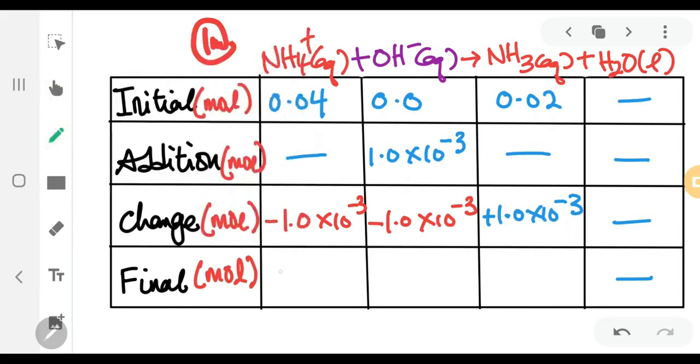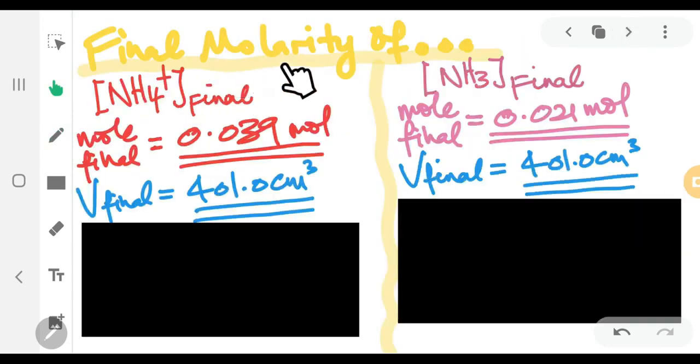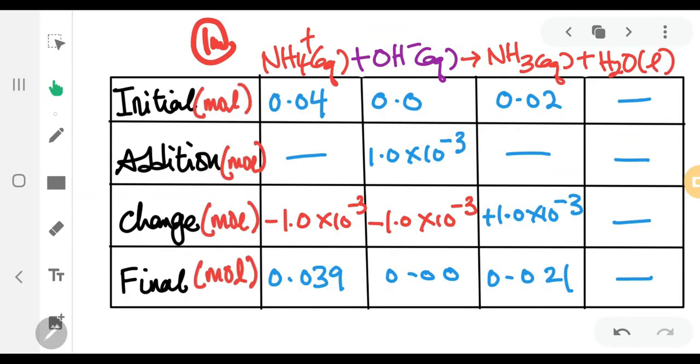So for the final mole, you get 0.039, this one will be 0.00, and on this side, you get 0.021. So these are the final moles that will be important now for you to find the final molarity. By doing this correctly, you get 1 mark for initial, 1 mark for addition, 1 mark for change, 1 mark for your final mole.